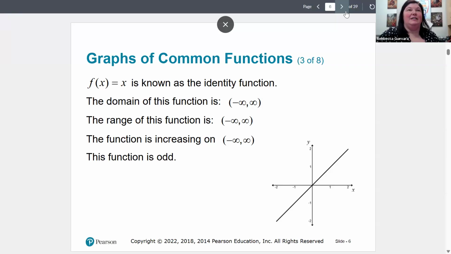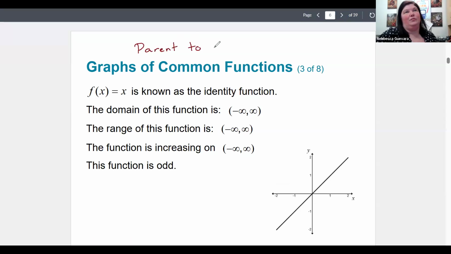This is your basic identity function. So whatever x is, that's what y is going to be. So if x is 3, then y is 3. So you end up with a line like this. So this is really kind of your basic linear function. This is your parent to non-horizontal linear functions.